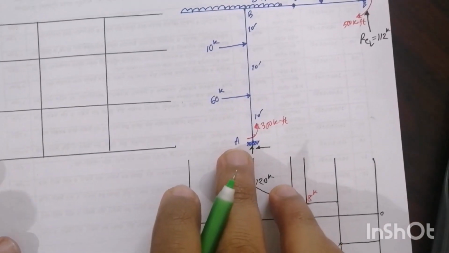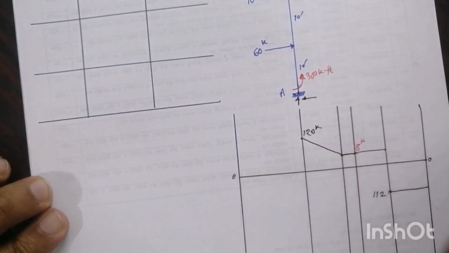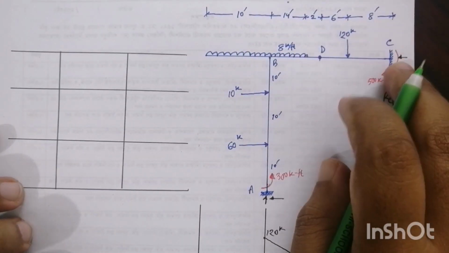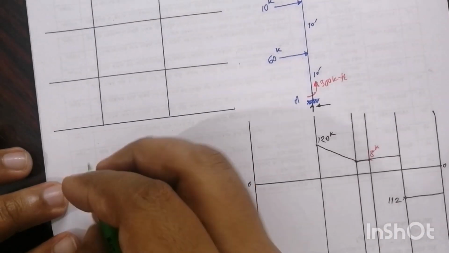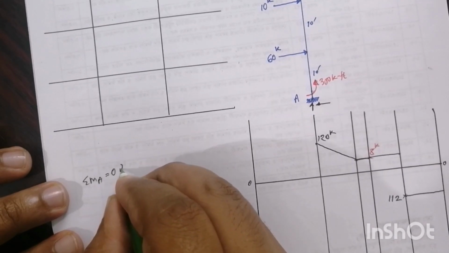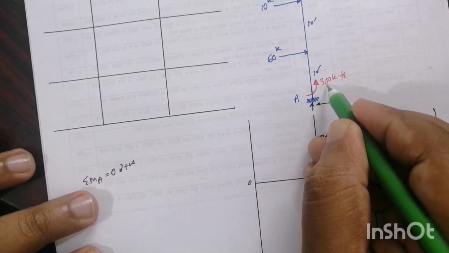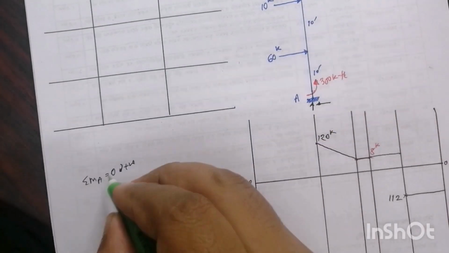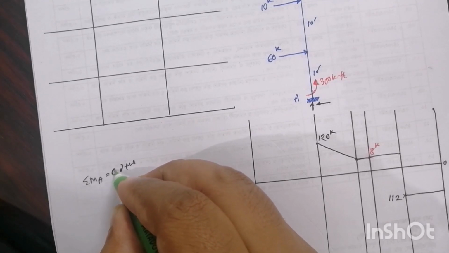So if we take moment at A, then we can calculate the horizontal force of C. So summation of moment at A equal to 0, clockwise positive. Actually here the moment of 300 kip-feet is negative, but for easy calculation, we consider it as 0.